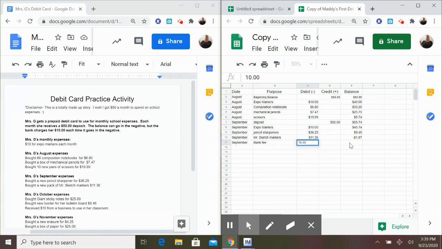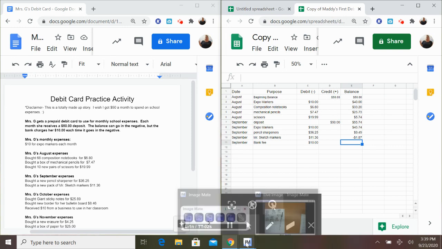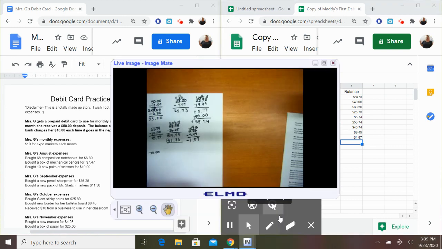So that is a negative $10 plus negative 187.